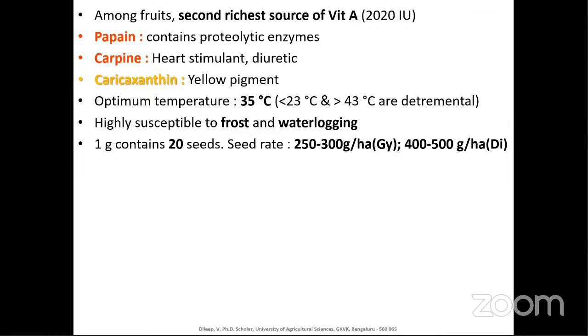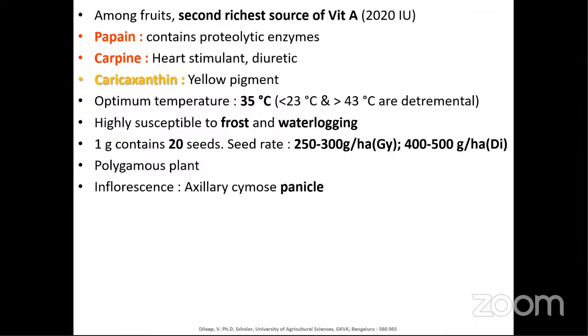The 10% male plants will serve as pollinators, and the remaining we rogue out. It's also a polygamous plant. Polygamous means it has more than one sex form: female, hermaphrodite, male. I will show you the pictures.